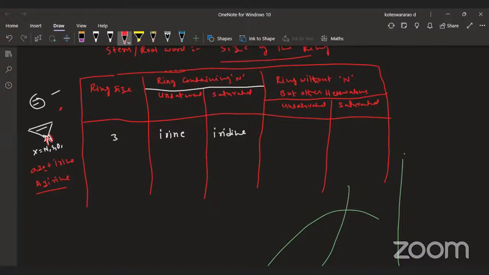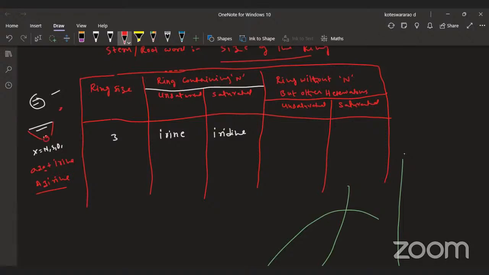If it is unsaturated. Suppose the ring without nitrogen. That means here the ring system is constructed with any other heteroatom, like oxygen or sulfur, like that.